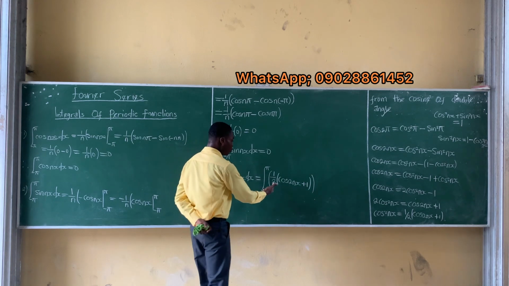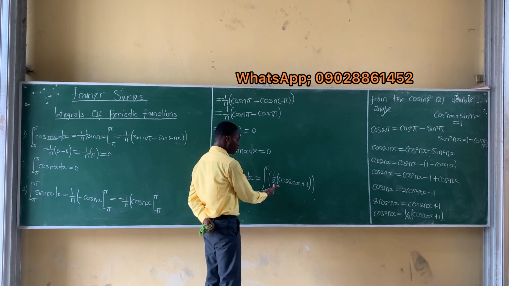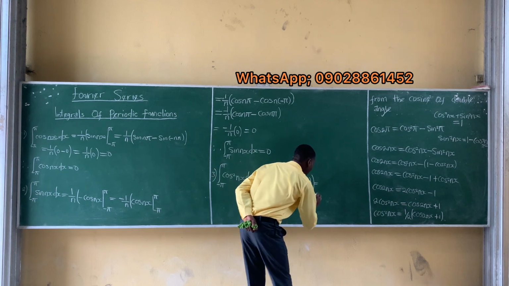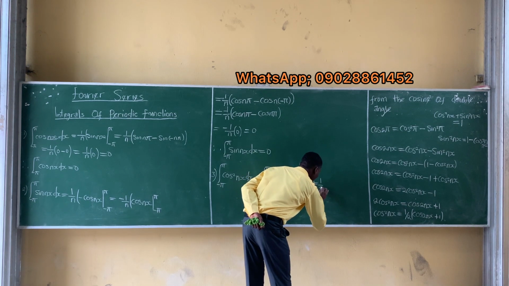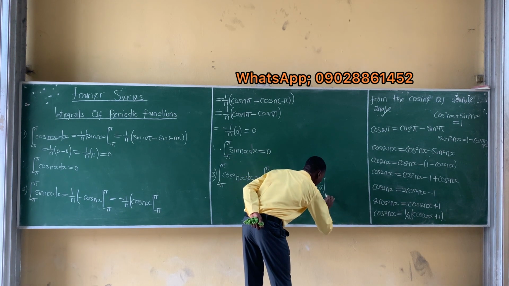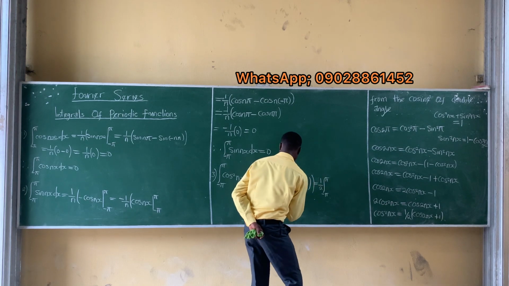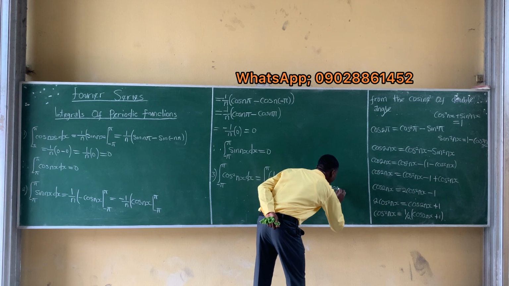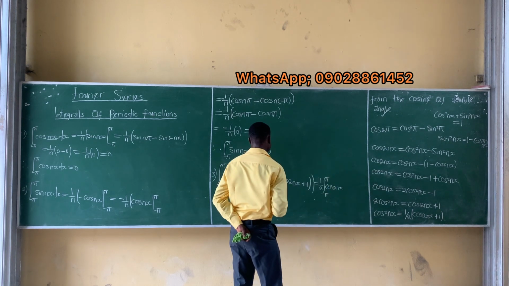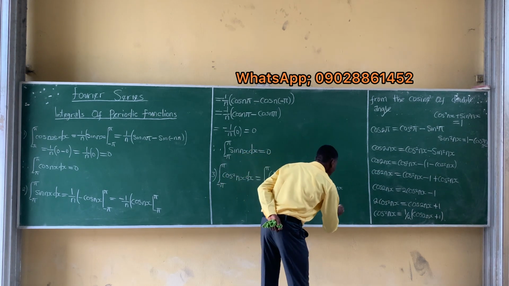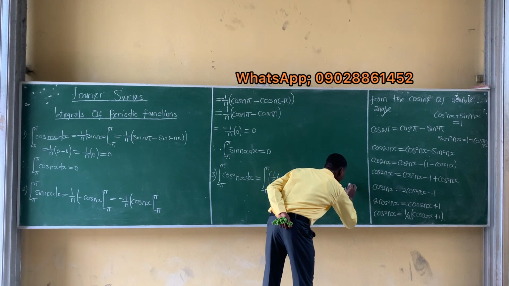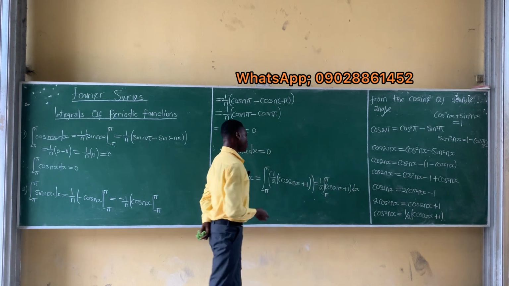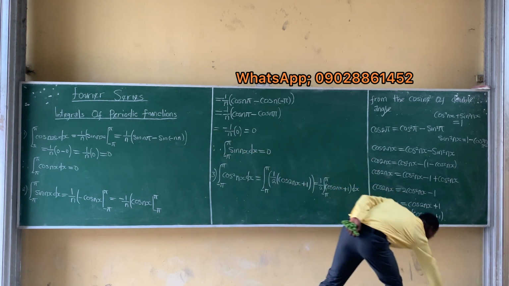But don't forget, 1 over 2 is a constant, so we can factor out 1 over 2. So this implies that we are going to have 1 over 2, the integral from minus pi to pi of cos 2nx plus 1, all with respect to x. Please take note, with respect to x.